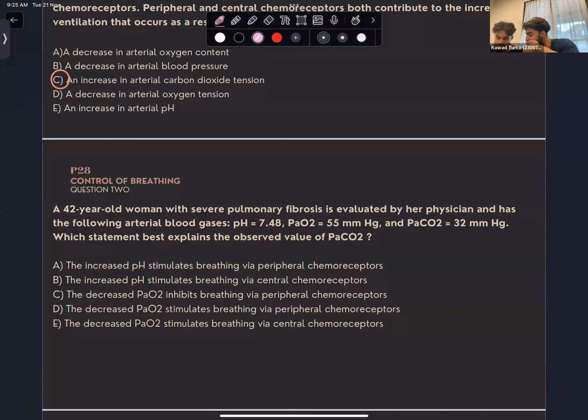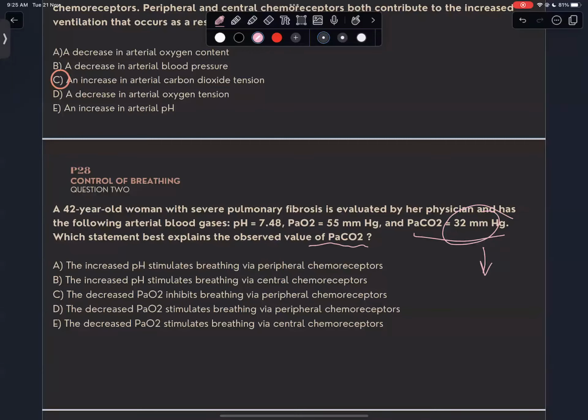All we need to know is which values change because of the PaCO2. So first, is PaCO2 decreased or increased? It's 32. Decreased.